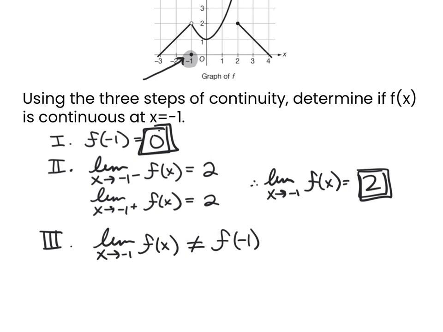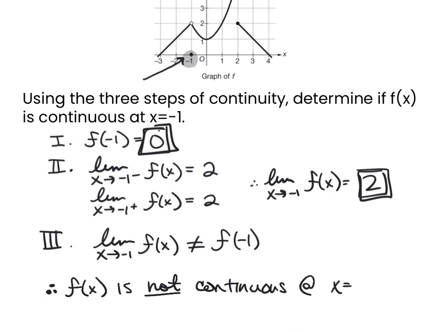Therefore, f of x is not continuous at x equal to -1. If they happened to have been the same number here, then you would say it is continuous at x equal to -1.